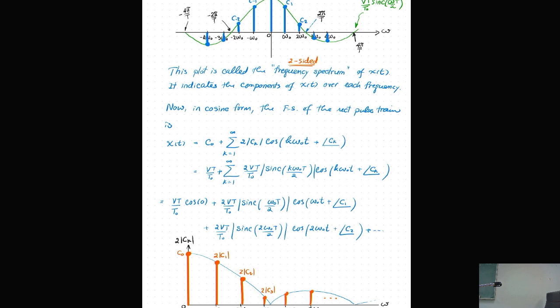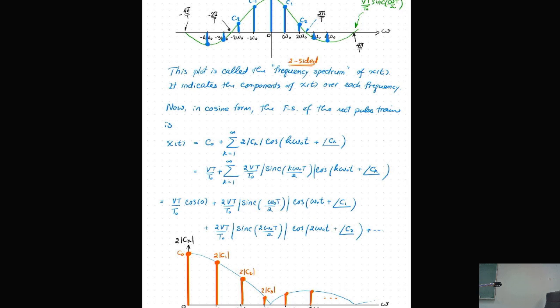When you fold it, the magnitude becomes twice that of the two-sided because you have to add them together and you get twice the value. Except at omega equal to zero, because there's just one of the value here. Omega zero is not twice.